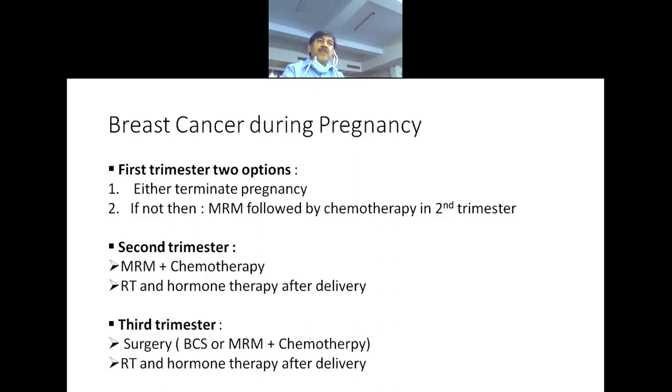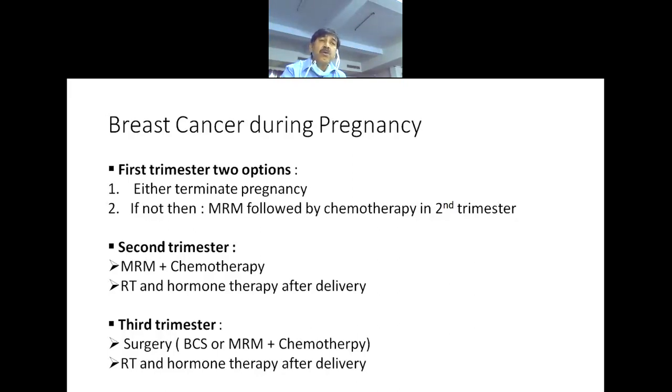If patient comes in the first trimester, then what is to be done? There are two options: either terminate the pregnancy. If patient is not willing, then we can go for the modified radical mastectomy followed by the chemotherapy in the second trimester. We cannot offer breast conserving surgery in early pregnancy, because for breast conserving surgery, radiotherapy is a must.